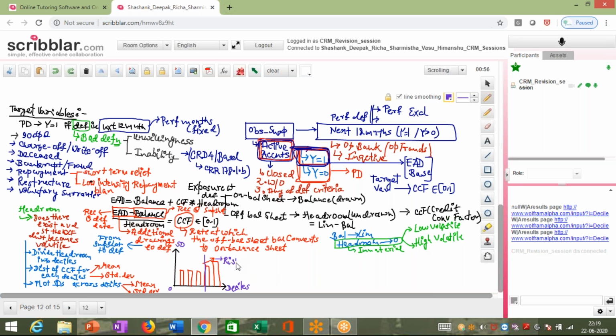So suddenly what you see is that the standard deviations have increased, and not only that, the standard deviation of the standard deviations have also increased.